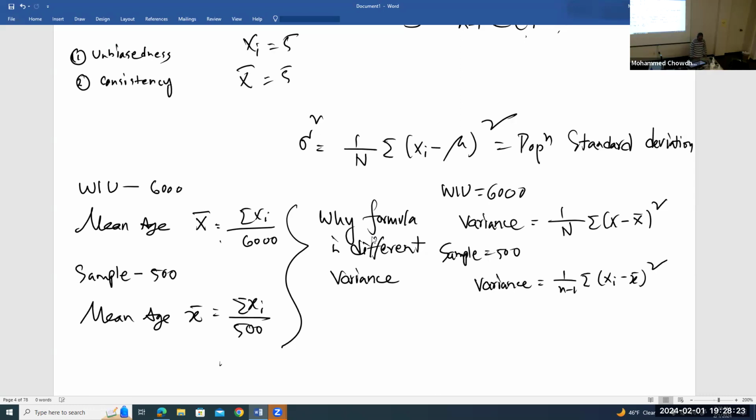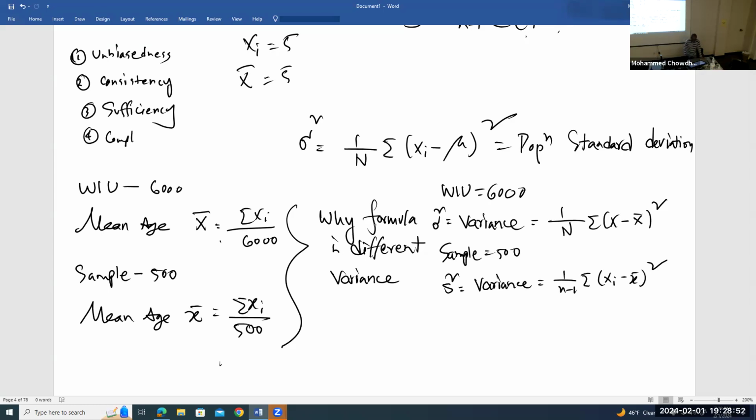So, the properties are unbiasedness, consistency, sufficiency. There is another one. Yes, we can also do completeness, but these are the main ones. So this has the notation sigma square, and this has the notation S square.